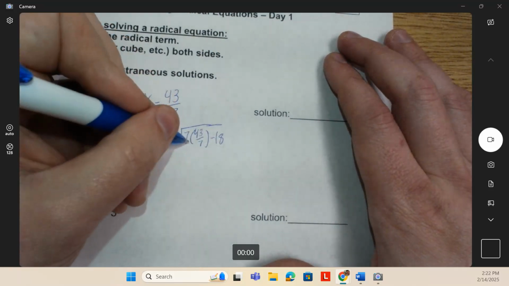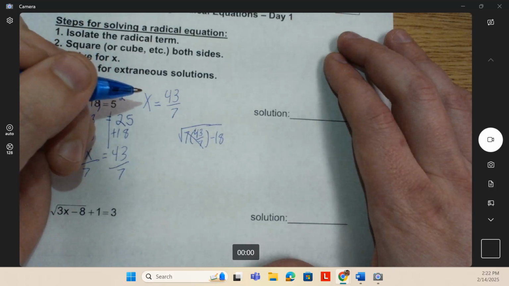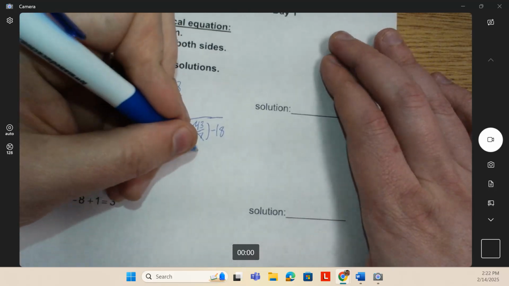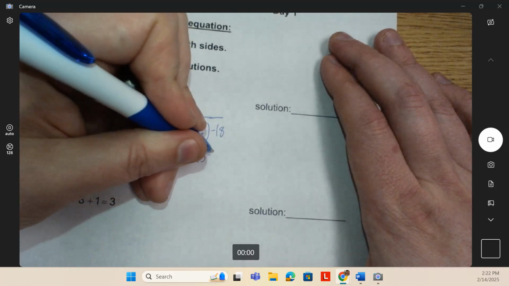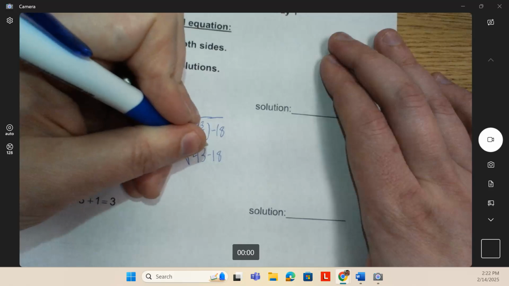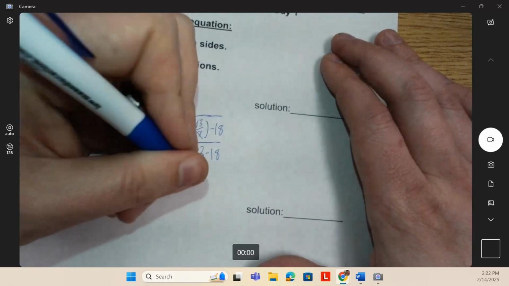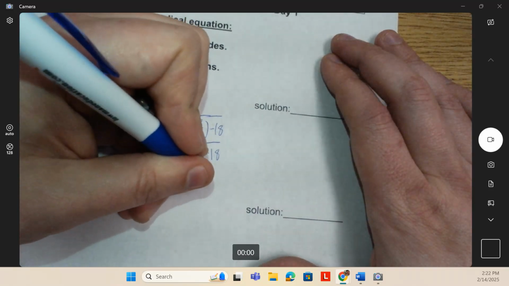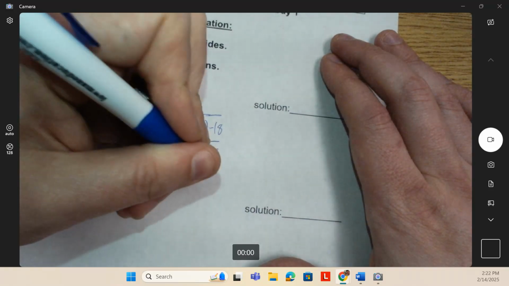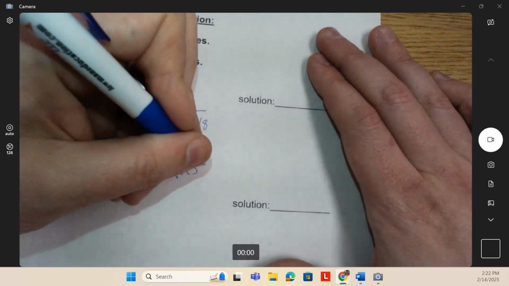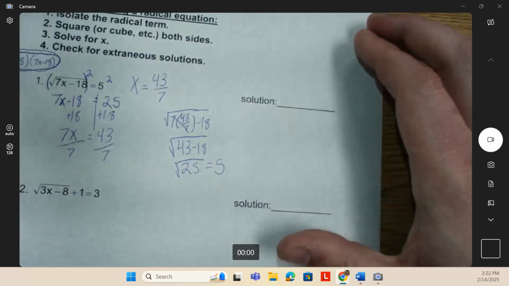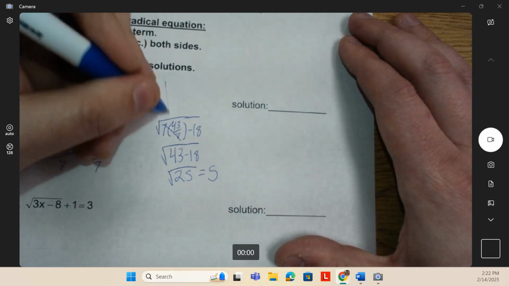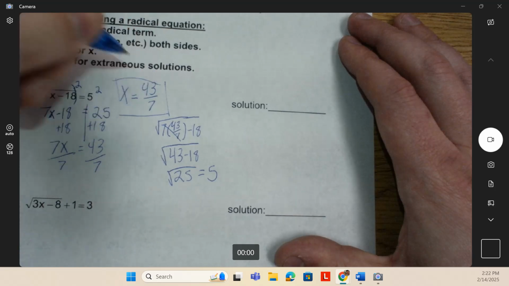So when I multiply that, 7 times 43 over 7 would give me just 43. And then if I subtract 18 from that, that's going to get me back down to 25. And the square root of 25 does equal 5. So that is just a check to make sure that my answer is correct.